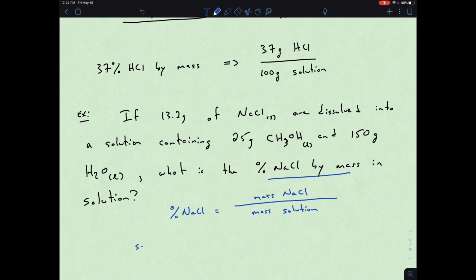And the solution mass would just be equal to all of the parts: the mass of the sodium chloride plus the mass of the methanol, plus the mass of the H2O.